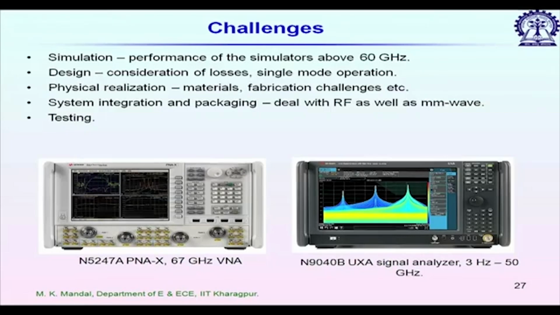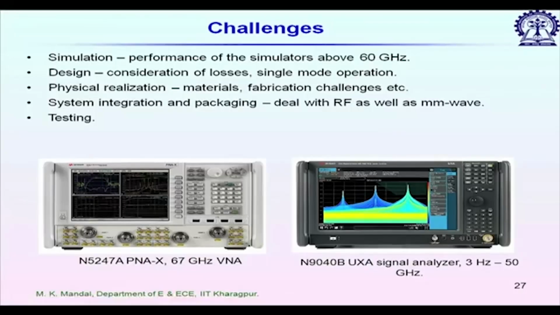So, next is design challenge. We will see later there are different sources of losses, and this loss is much higher at millimeter wave frequencies. So, how to minimize this loss when we go for any millimeter wave system design, that is really a challenge. The second point is single mode operation.